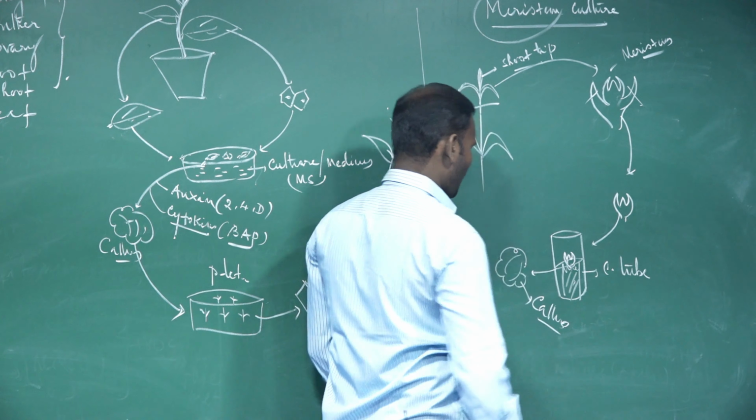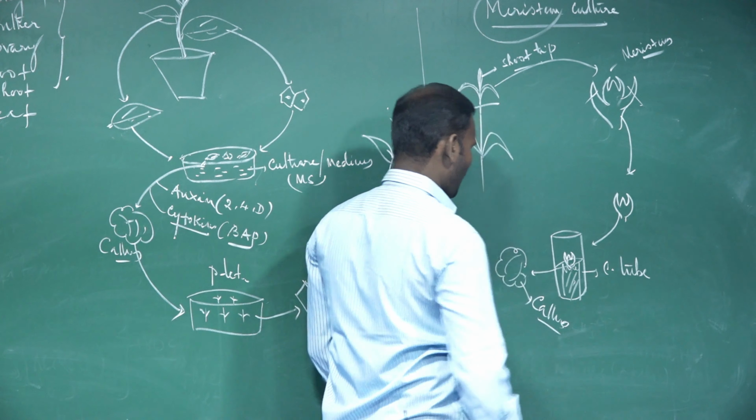What are the advantages of this meristem culture? The plant is free from virus. It is obtained through shoot apical meristem culture, and it is free from virus. Why is it free from virus?